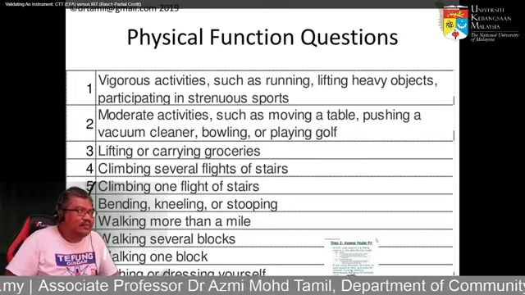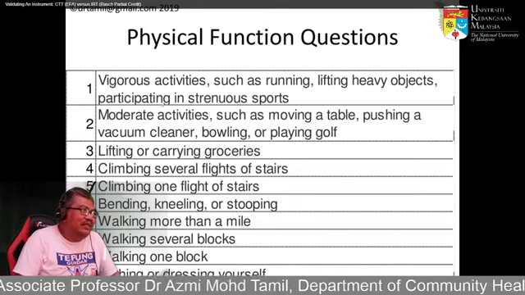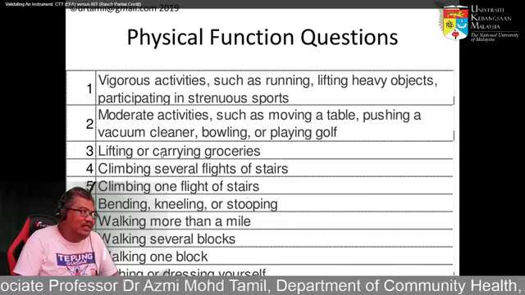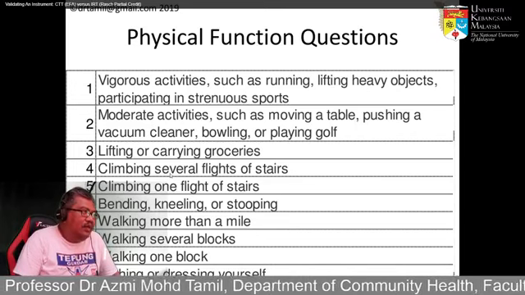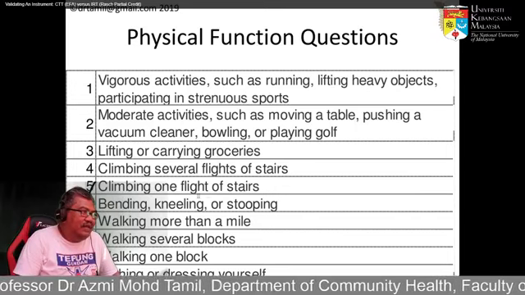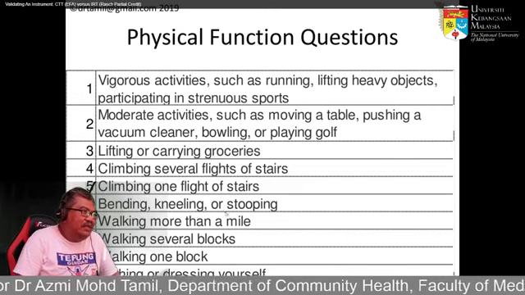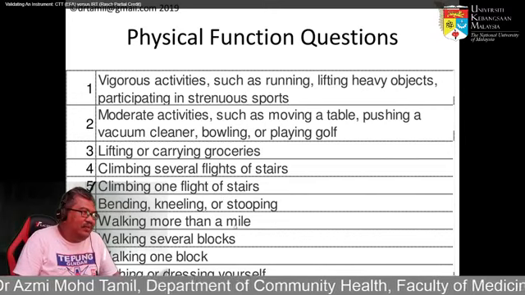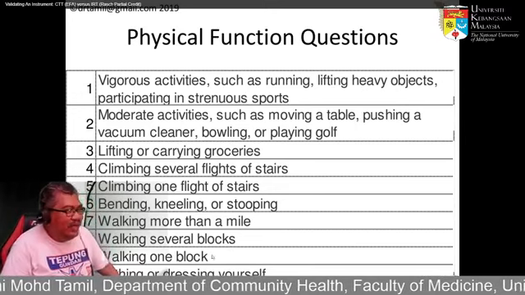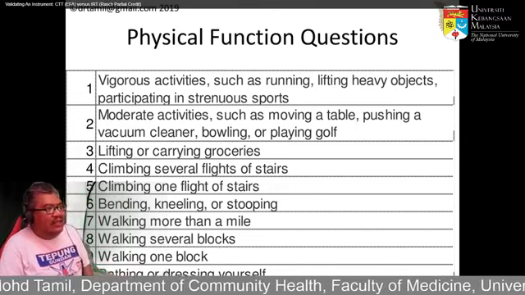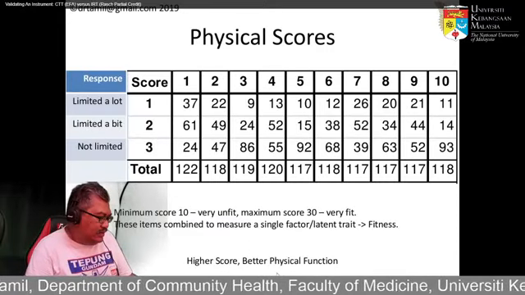We have question number 1 for vigorous activities, number 2 is for moderate activities, 3 for lifting groceries, 4 for climbing several flights of stairs, 5 for climbing one flight of stairs, 6 bending, kneeling and stooping, 7 is walking more than a mile, 8 is walking several blocks, 9 walking one block, and 10 is bathing or dressing yourself.